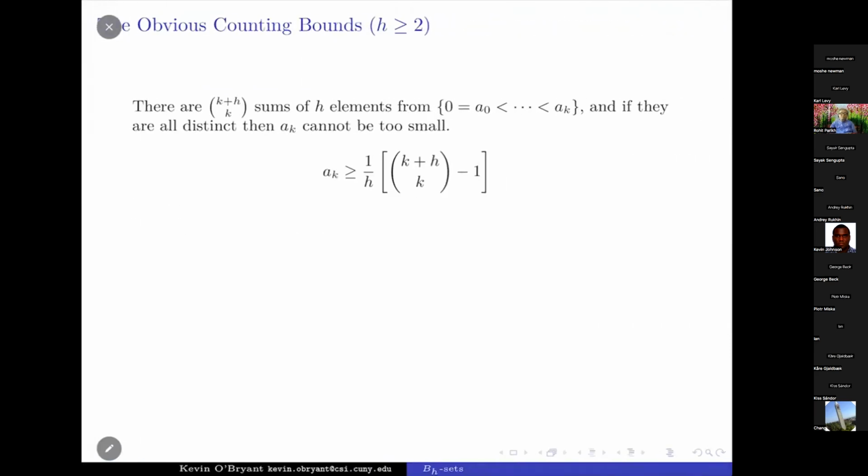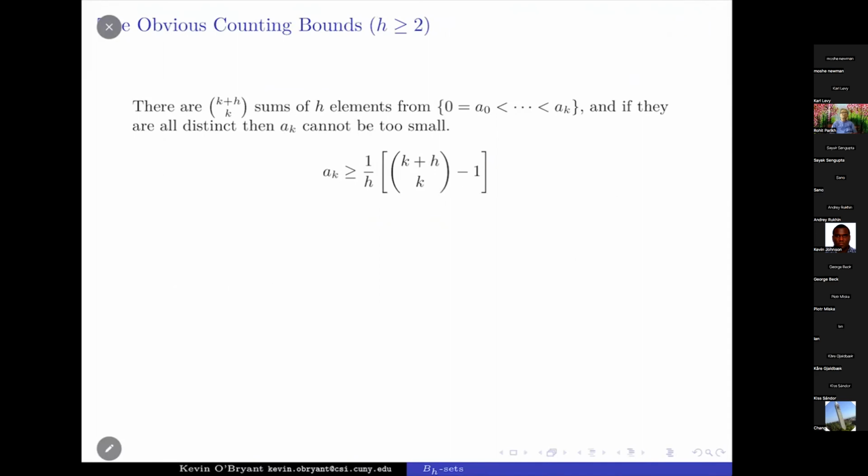And so there are some obvious counting bounds that are folklore. They get used occasionally in the literature, but there's no real citation for them. One is that if you've got a B sub H set with k elements, then you've got k plus H choose k different sums that you can write.